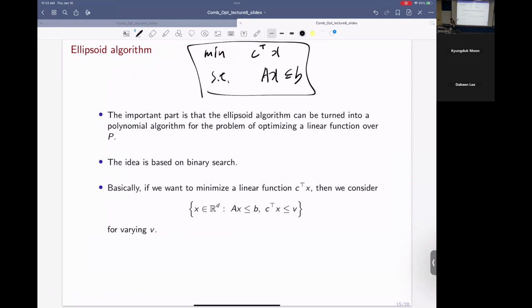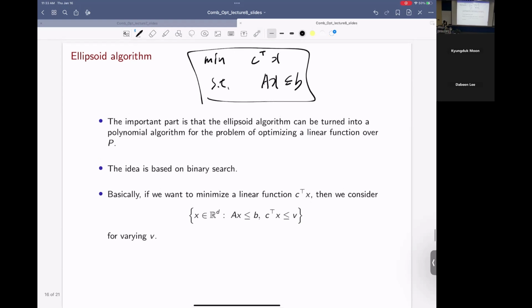And solving for an optimal solution is equivalent to solving a log number of feasibility problems. That is, is there a point in this polyhedron which keeps the original set of inequalities, and among them, can you also achieve a value lower than V?